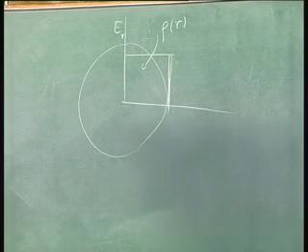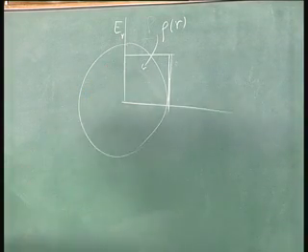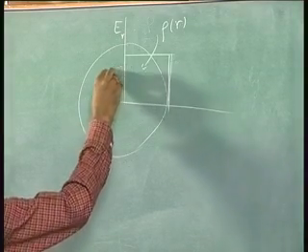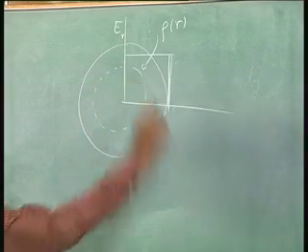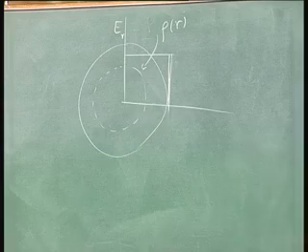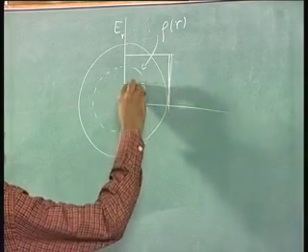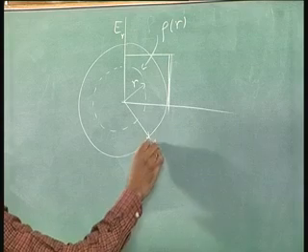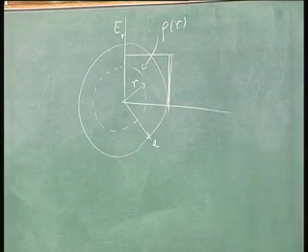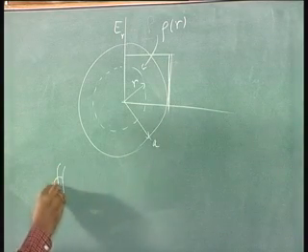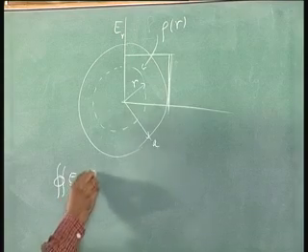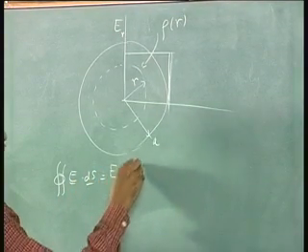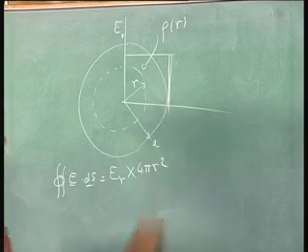Problem is straightforward. All we have to do is apply the divergence theorem. If I take an imaginary sphere of radius r, let us assume the sphere itself is radius a, then I know that surface integral E dot ds is equal to E r times 4 pi r squared.